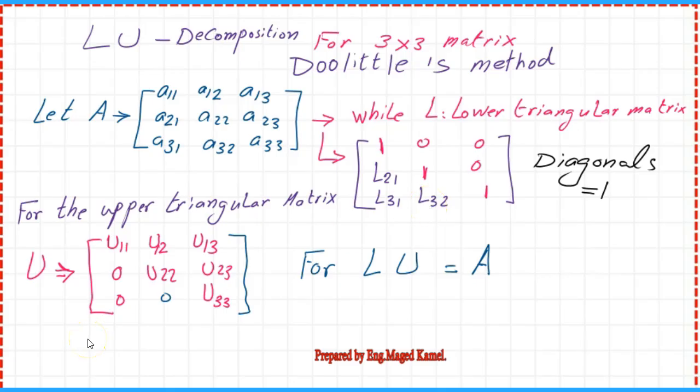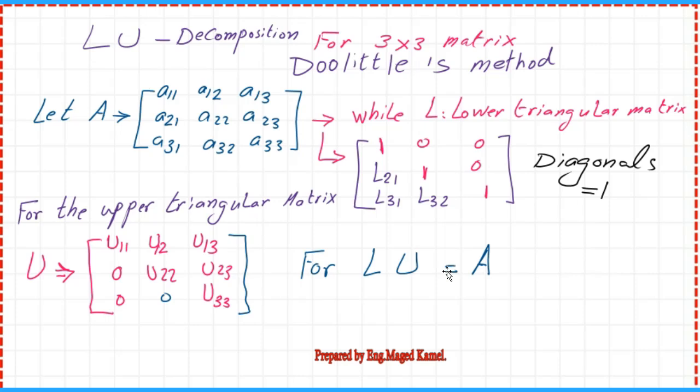If we move to the upper matrix, we have U11, U12, U13 for the first row, while for the second row we have 0, U22, and U23. For the third row we have 0, 0, U33. We are going to multiply L by U and equate the product to the matrix A, trying to find the values for the L and U matrices.